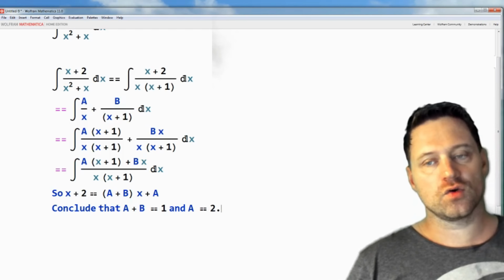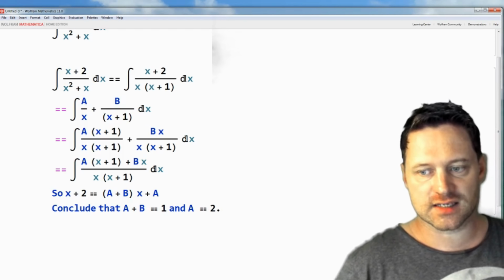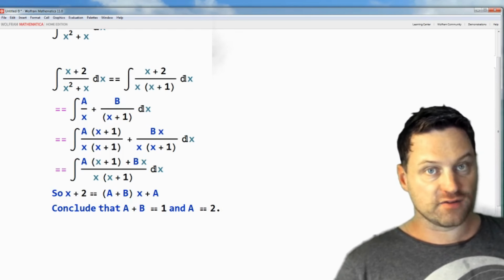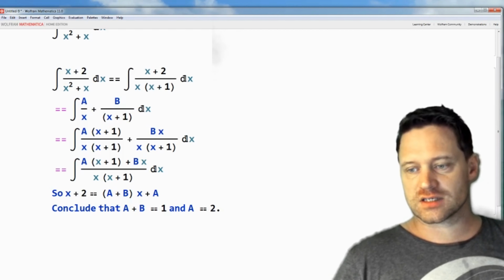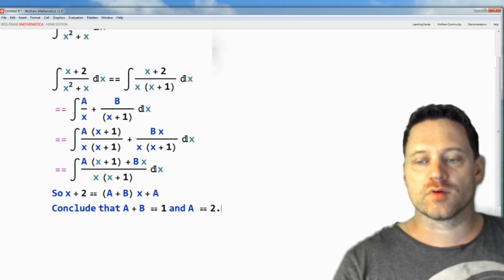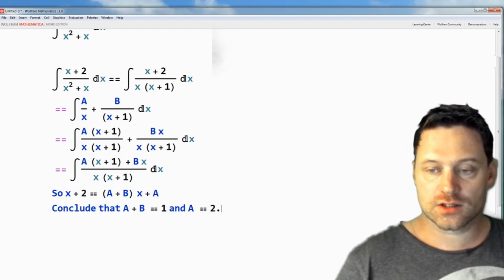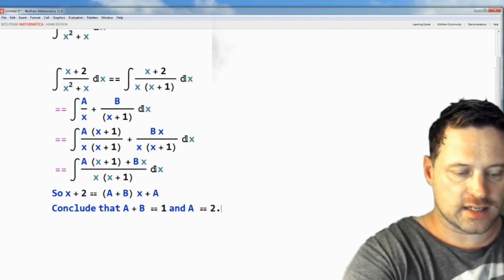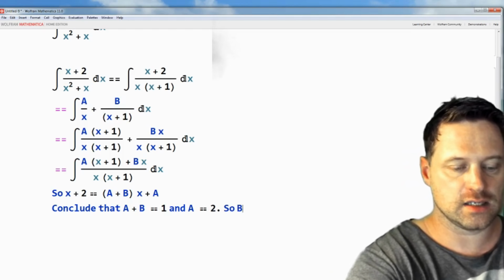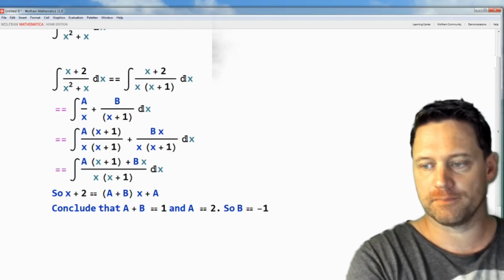Now you can solve that as a simultaneous system if it's a more difficult example, but this one is really easy. You can just see what the answer is. A equals 2, and if A is 2, then B has to be equal to -1. So let's say so: B equals -1.